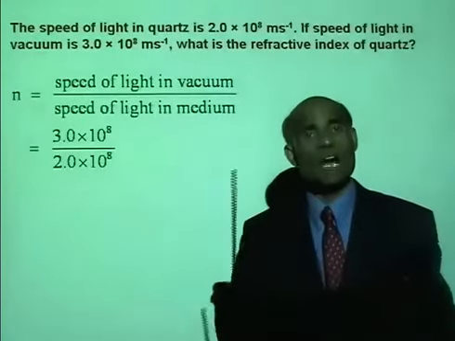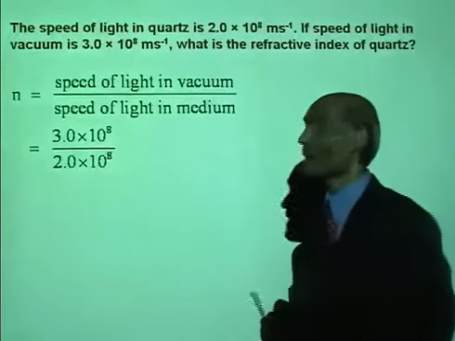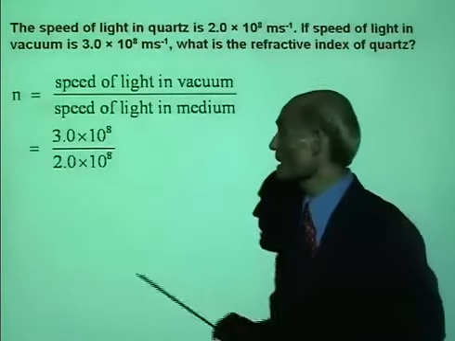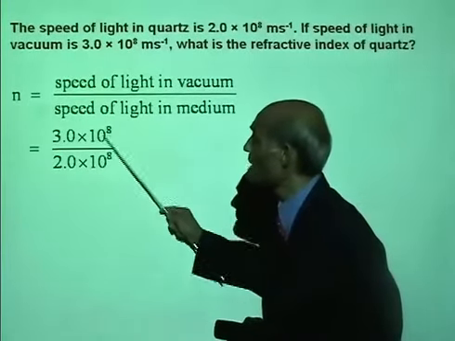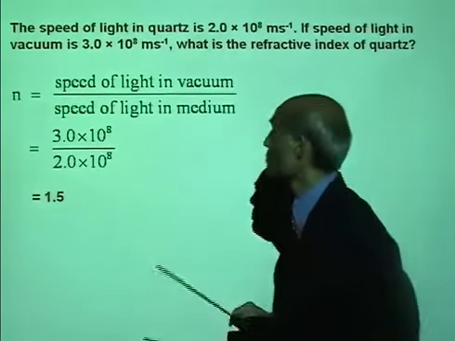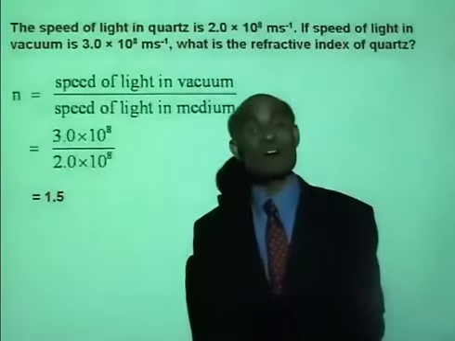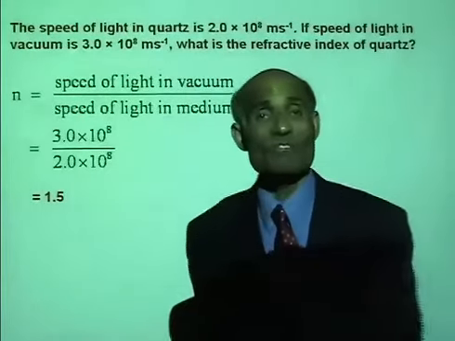Quartz is a kind of glass. And the speed of light in quartz is 2 times 10 to the 8. You can see 10 to the power of 8 and 10 to the power of 8 will cancel. That will be 3 divided by 2, that is 1.5. The refractive index of quartz is 1.5.